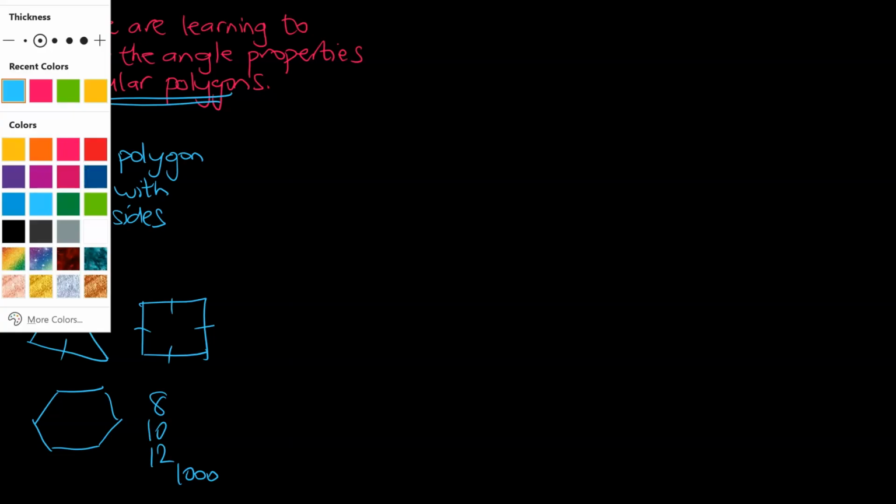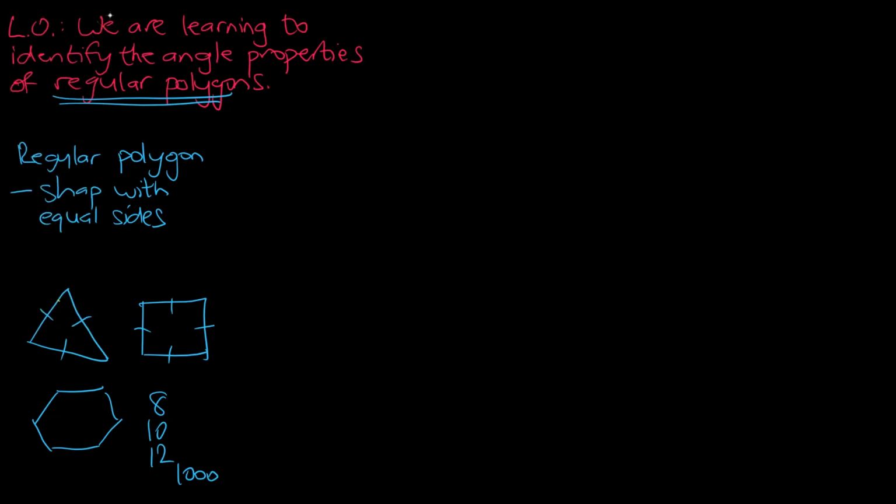I'm going to change pen colors for this because this is the most important part. So we learned when we did an equilateral triangle that all of those internal angles were the same. And that's the same with all regular polygons.